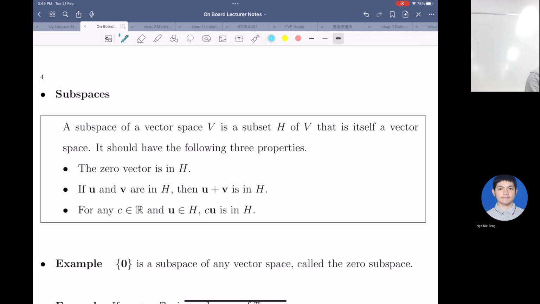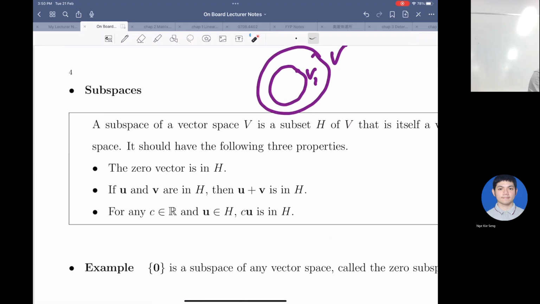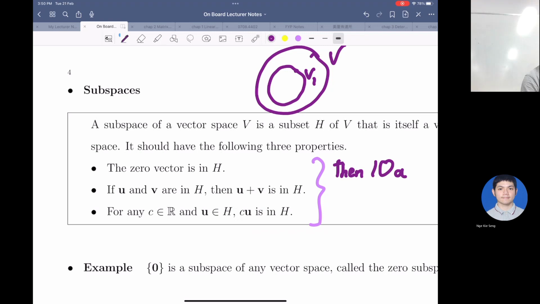You pick part of the set, and it still needs to be a vector space to be a subspace. It turns out you just need to satisfy these three conditions. First of all, the zero vector must be in there. Then it is closed under vector addition and closed under scalar multiplication. If you satisfy these three properties, then the 10 axioms will be satisfied.